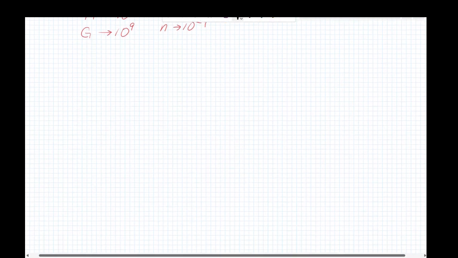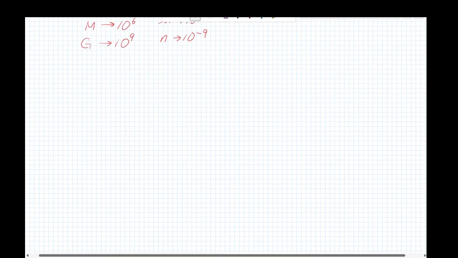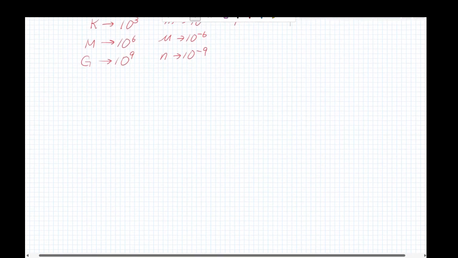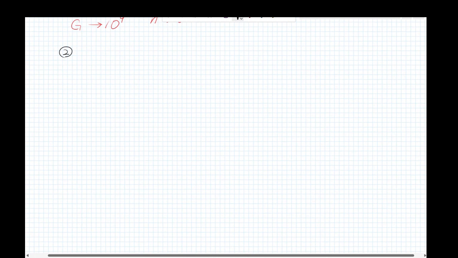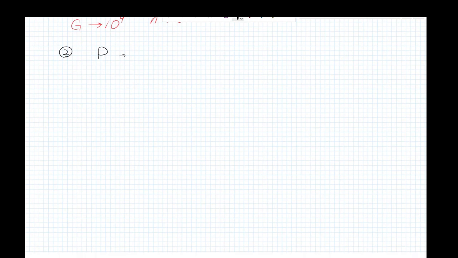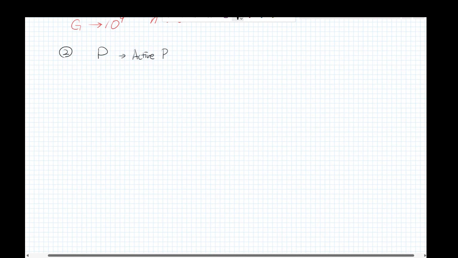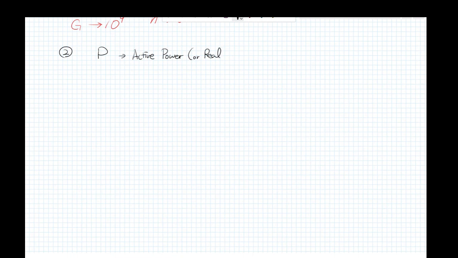All right. So it's very important. So from this chapter, we will learn about the P, the active power, sometimes real power. Okay.